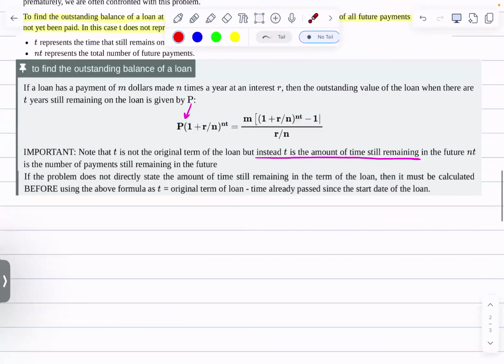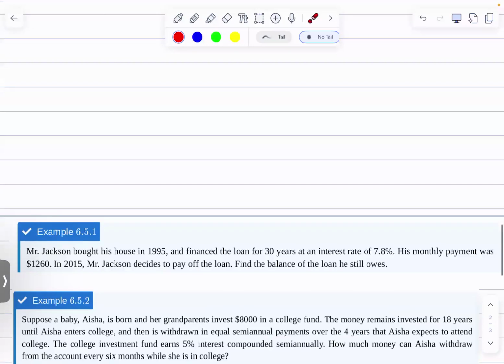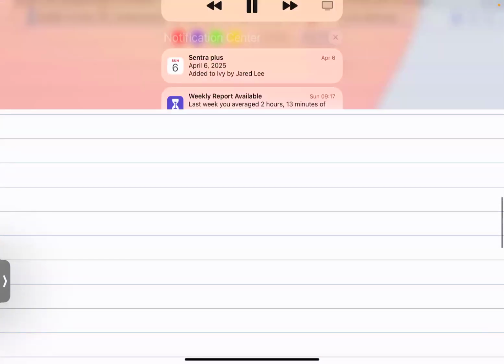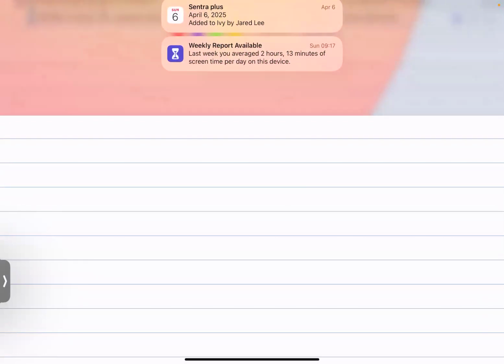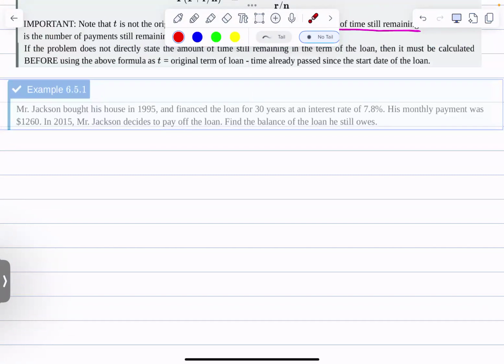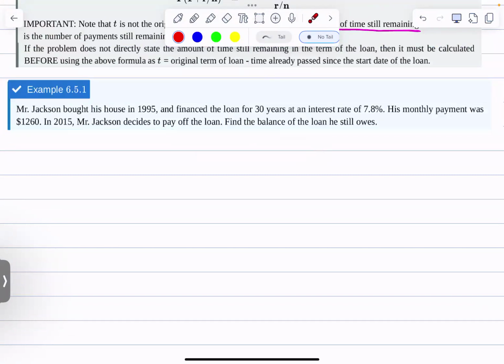Okay. So let's see here. Typical scenario. Well, maybe not. Mr. Jackson bought his house in 1995.